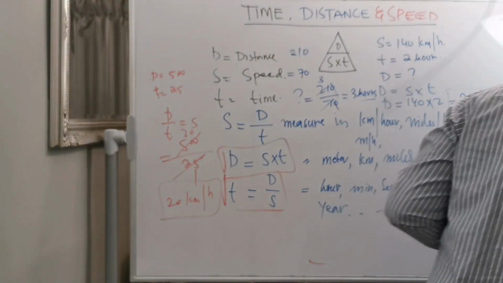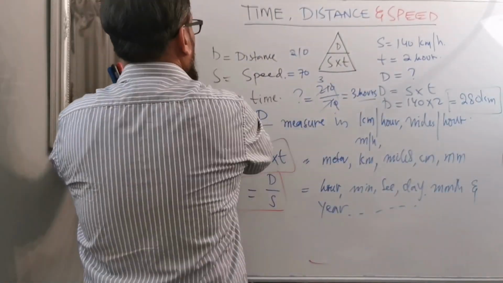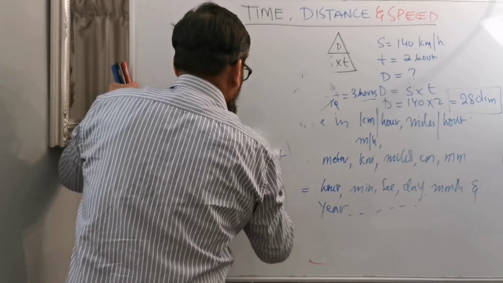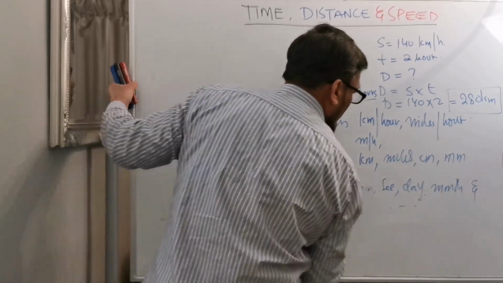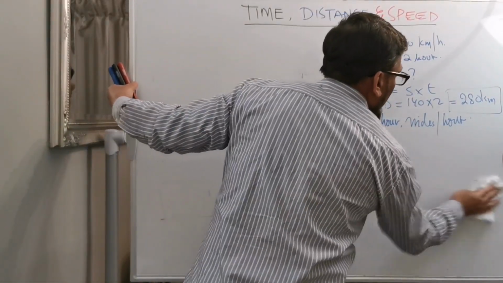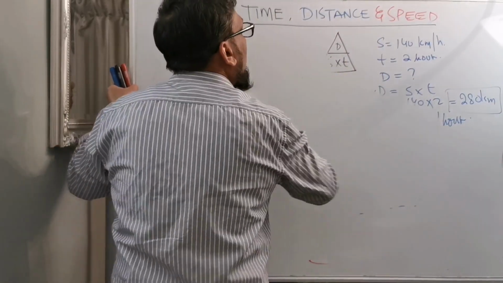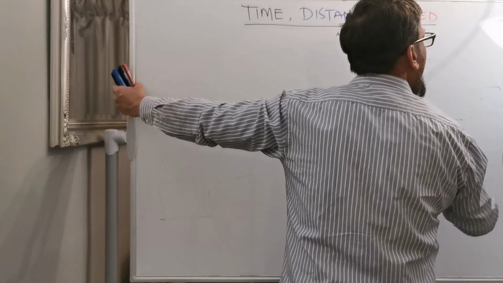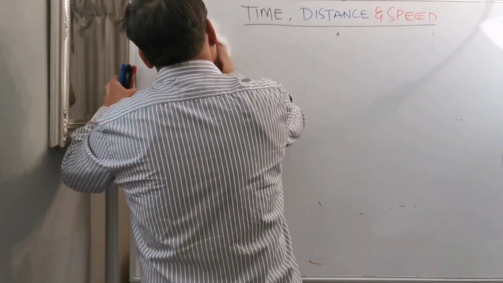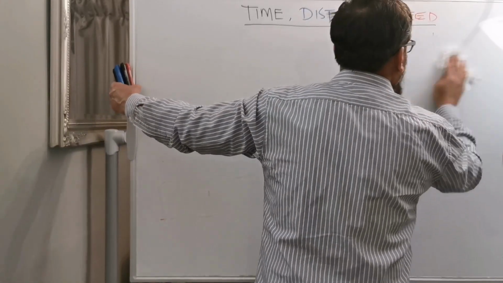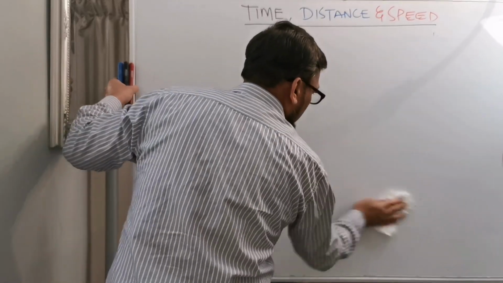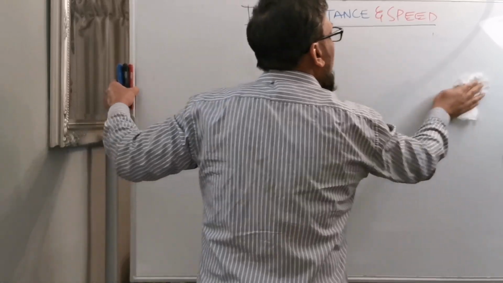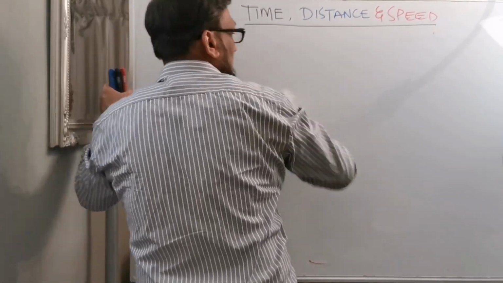So it says that there is a flight from London to JFK. So LHR to JFK. The flight from London to New York.